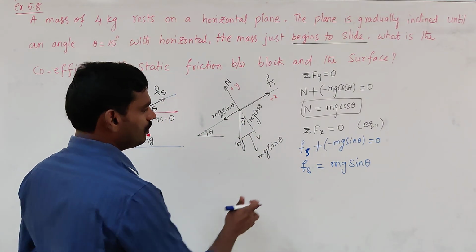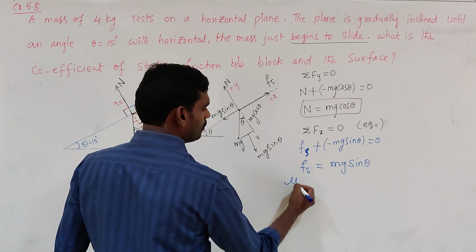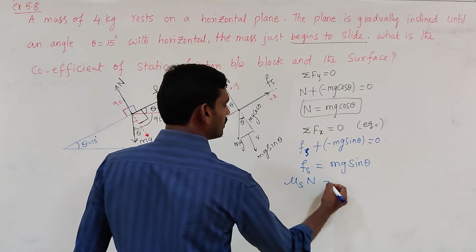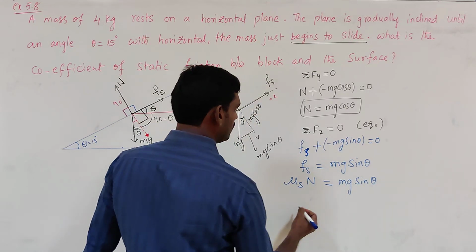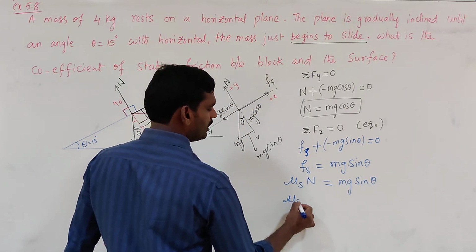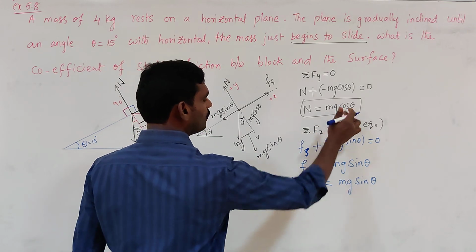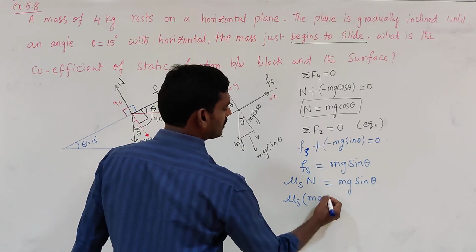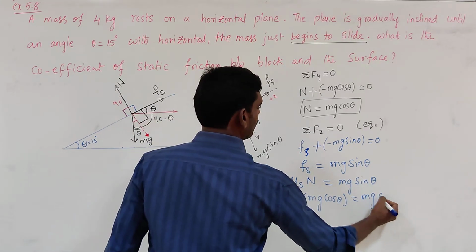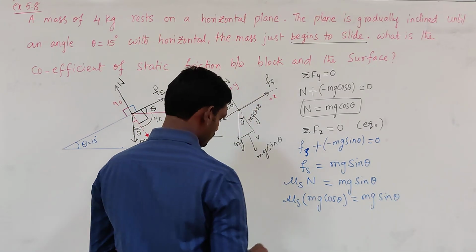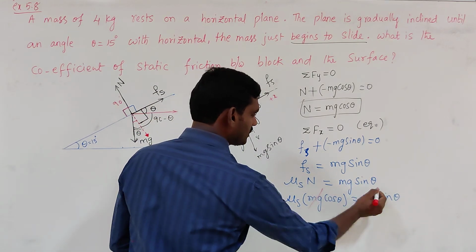Okay, we know fs is nothing but mu s into n, equal to mg sin theta. So mu s into n. What is n here? We got it as mg cos theta, equal to mg sin theta. So here mg and mg get cancelled.